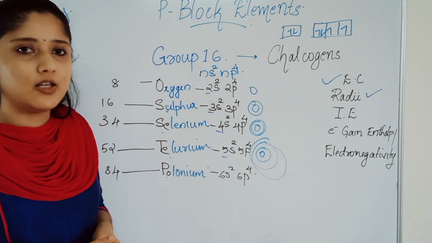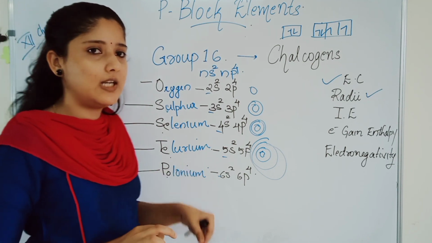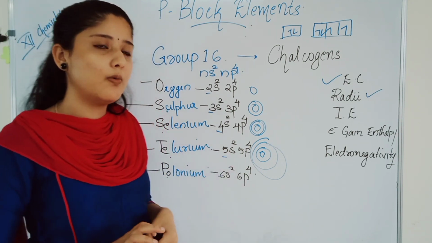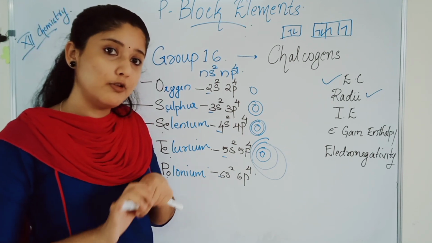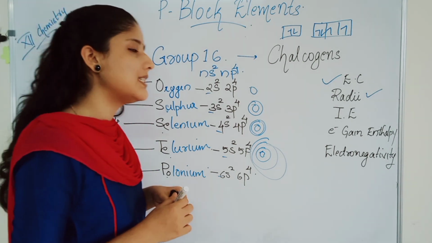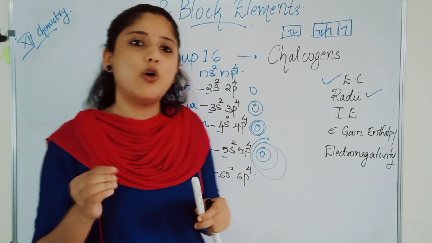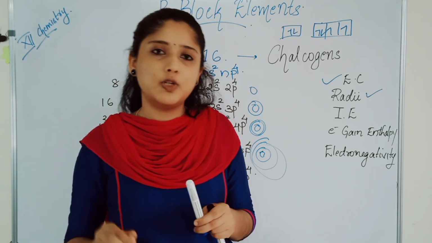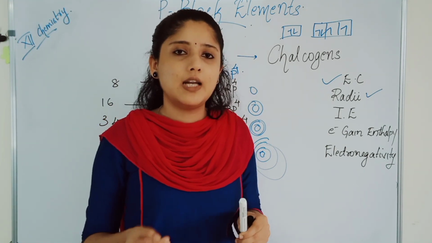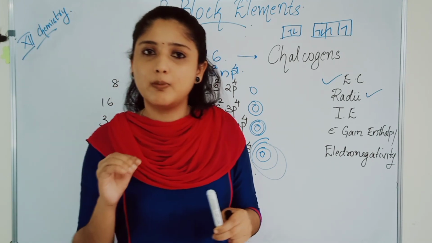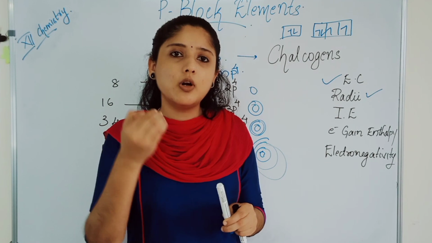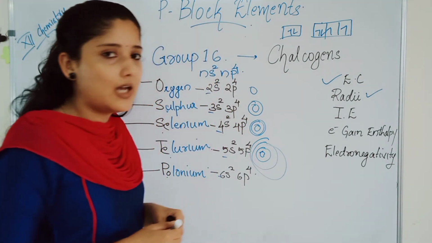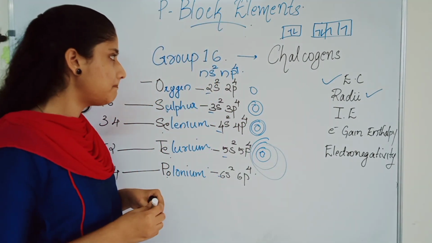So for group 16, the ionization enthalpy will be lower compared to group 15, because in group 15 the energy required to remove an electron from a stable half-filled configuration is more. That you note down.